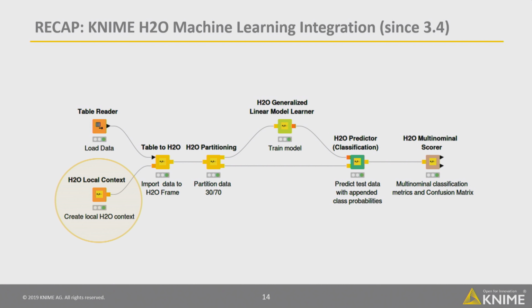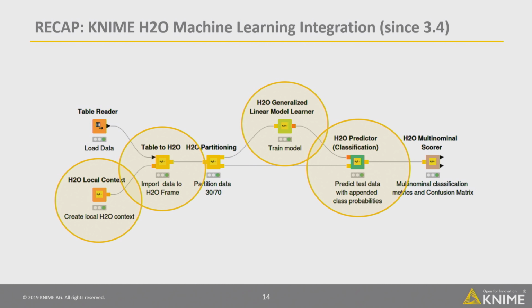They have what's called an H2O context node that starts your H2O workflow, and then you have to convert your data into this H2O data frame, and then you combine different H2O nodes, build a model, do some data manipulation, etc., and then you have your result.